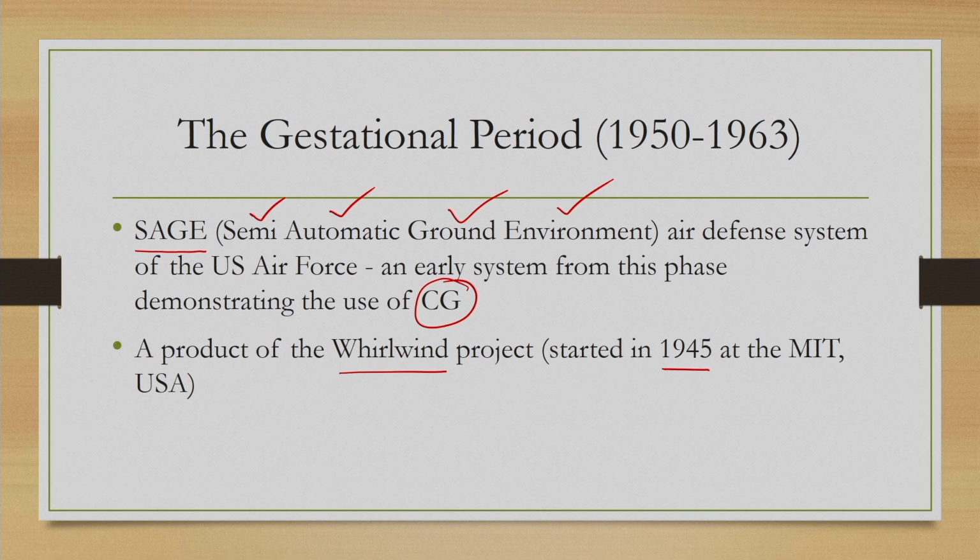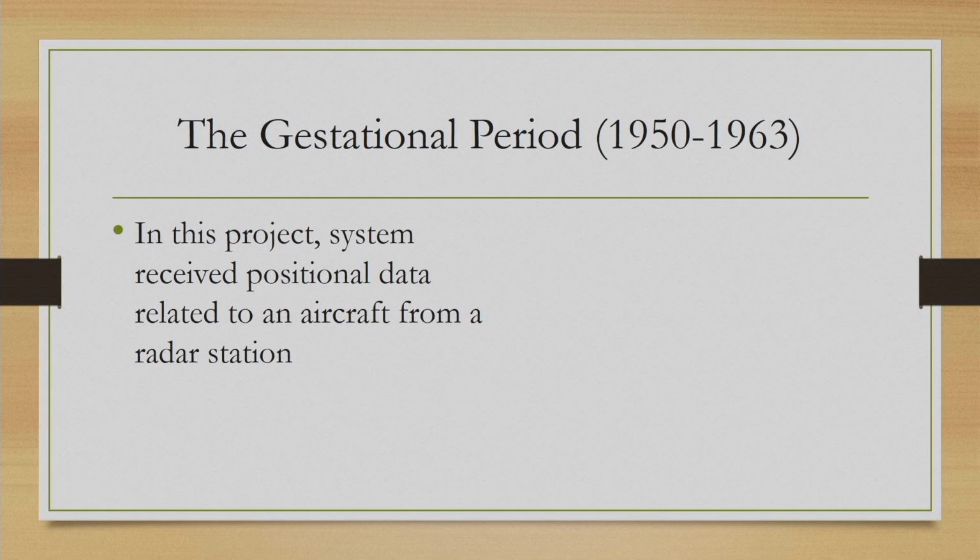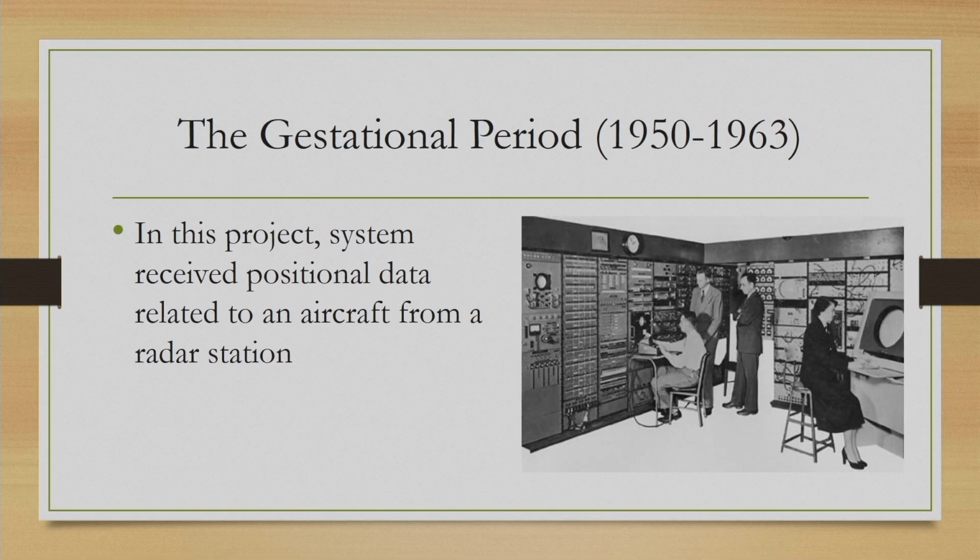What this system did: the basic idea of the project was to get the positional information of an aircraft from radar stations. That is typically the job of a radar network. Now, there is an operator, like this operator here, who was sitting in front of a screen, as you can see, but not the traditional screens that we are accustomed to, but an early version of a screen.